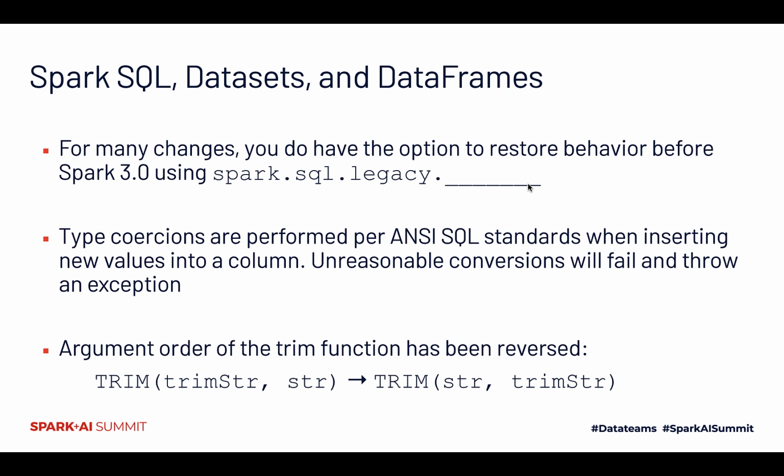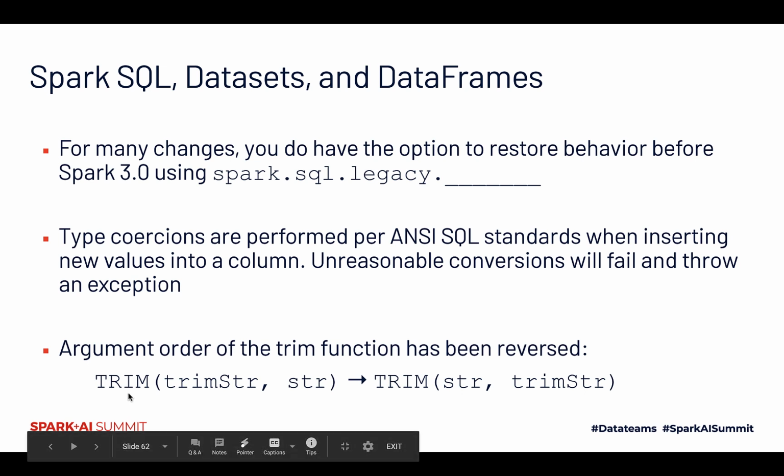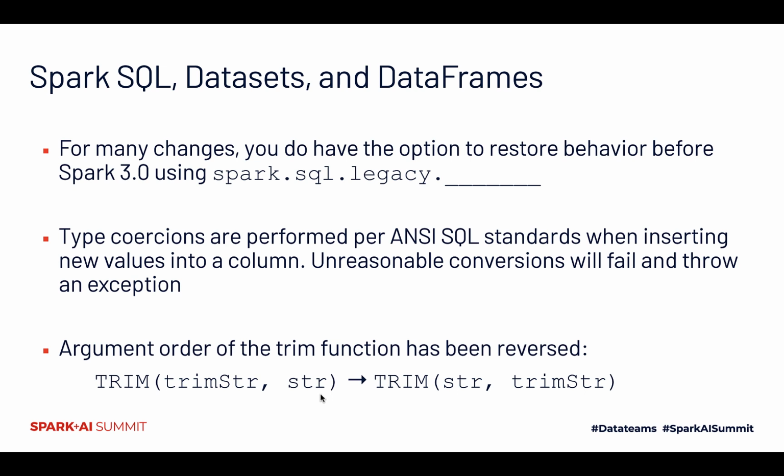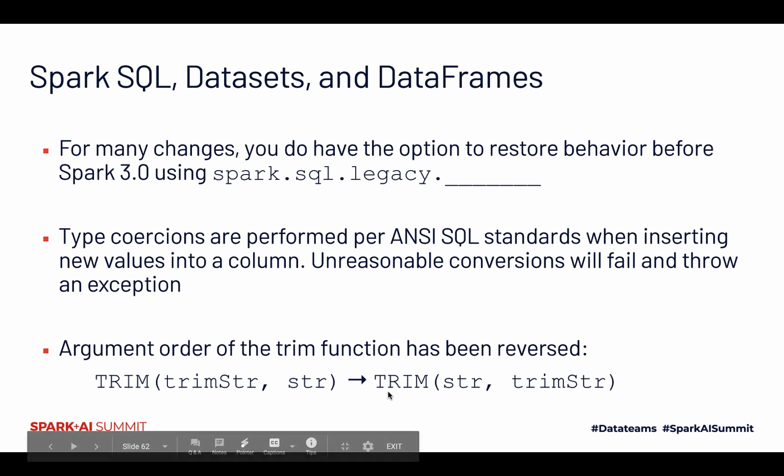Another big change that's been made has to do with SQL compliance. For example, come down here. It used to be that in Spark, if you used the trim SQL function, you would give it the characters that you're trimming off and then the string. But ANSI SQL, everybody else in the SQL world, had the order reversed, where you would go trim, give it the string, and then the characters you want to strip off.